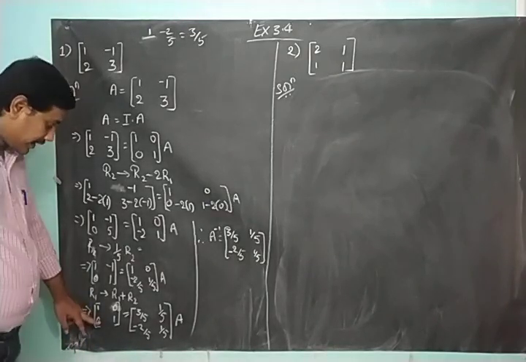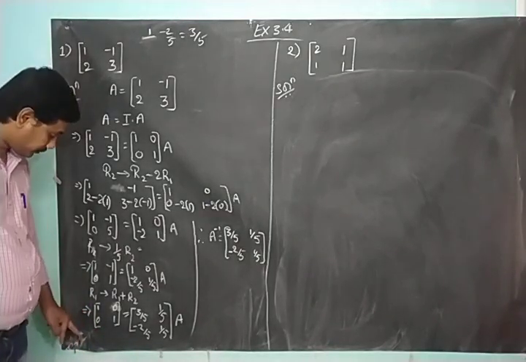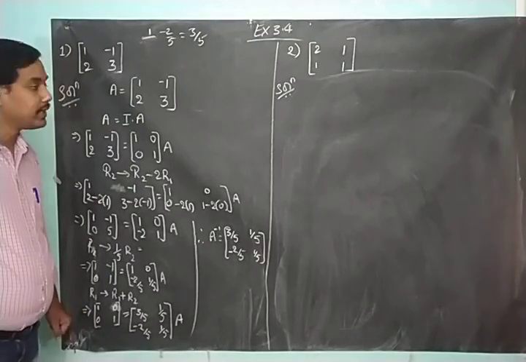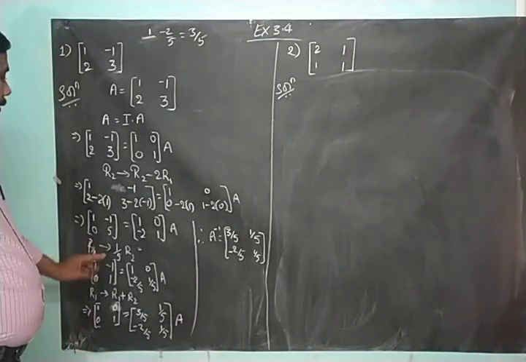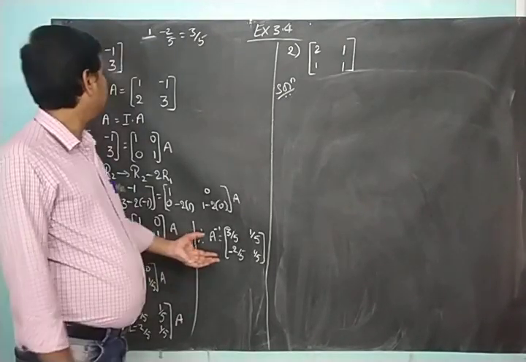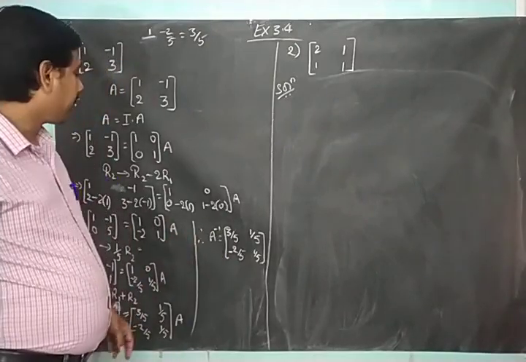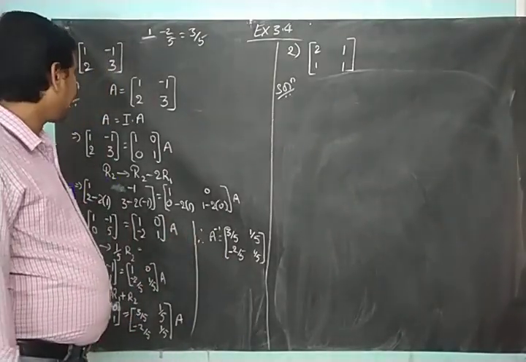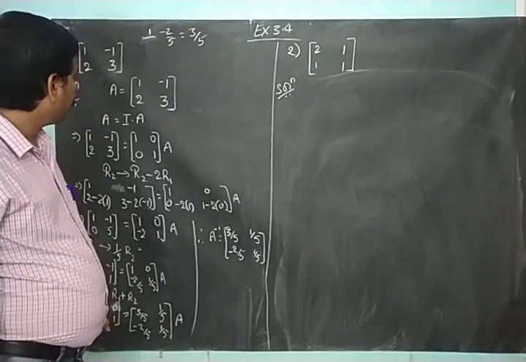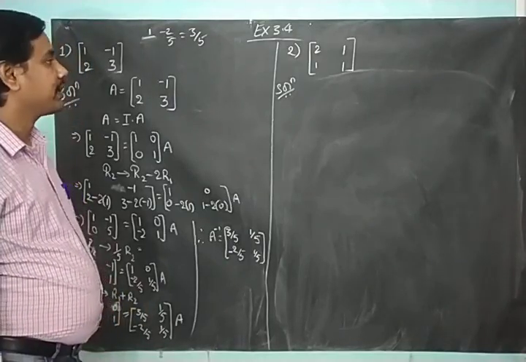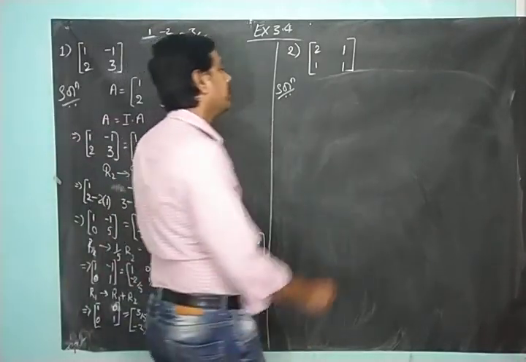We have to proceed with this until we get the identity matrix on the left-hand side. So this is how we need to proceed. A inverse will be 3 by 5, 1 by 5, minus 2 by 5 and 1 by 5. I hope this is clear. Let us move on to the second one.